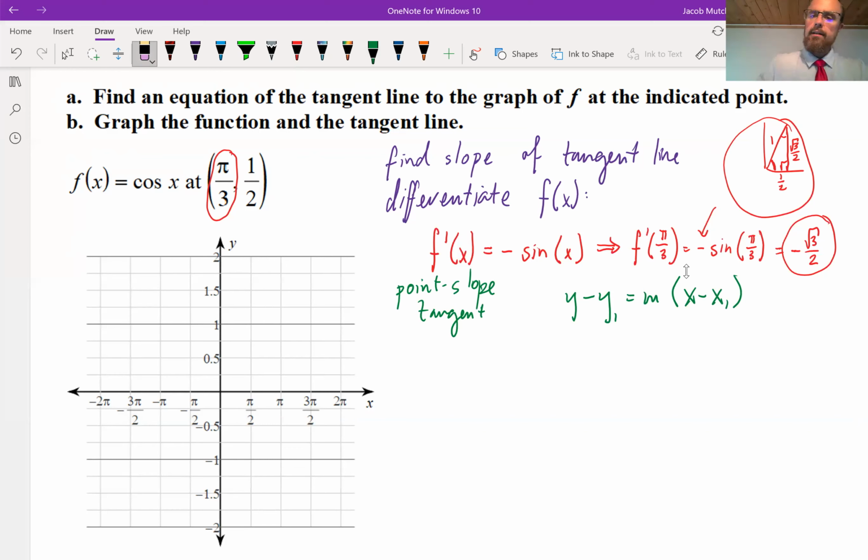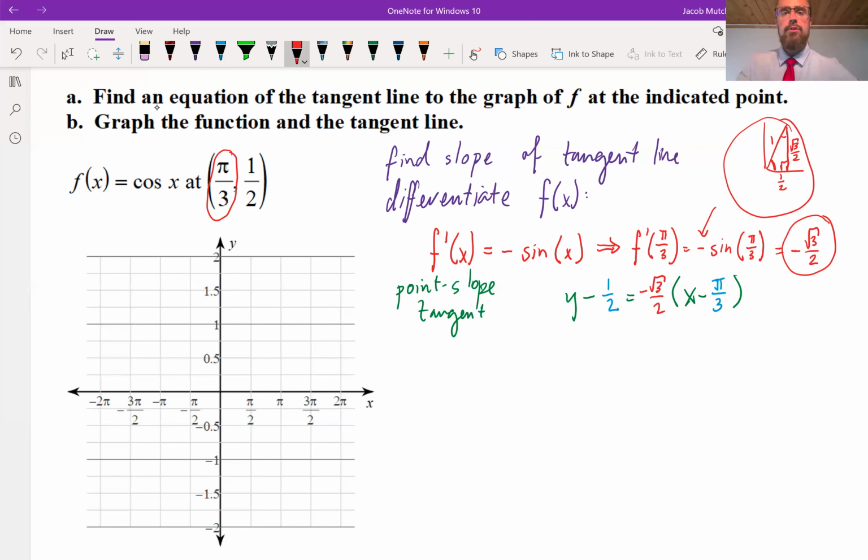We're looking at what's x1, what's y1, and what's the slope. So the x1 and the y1, those are defined based on my point. The x value is pi over 3. The y value is 1/2. And then the slope that we calculated from our derivative is negative square root 3 over 2.